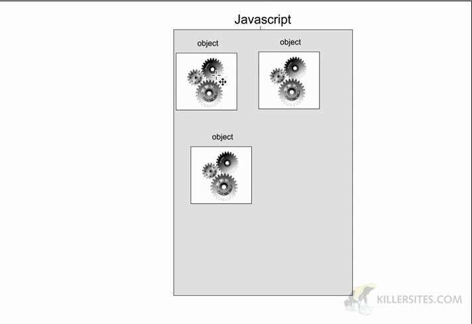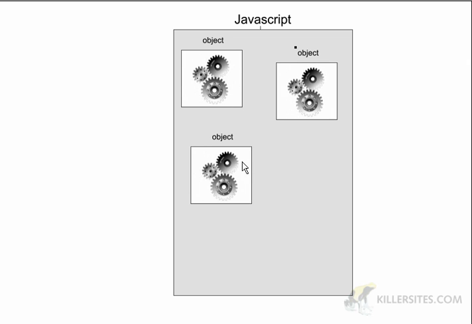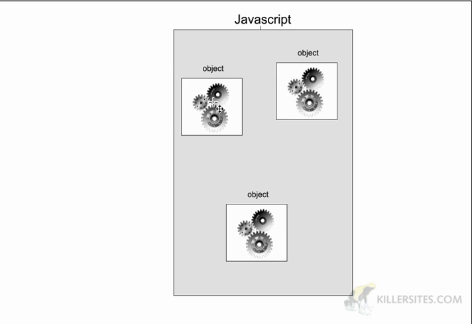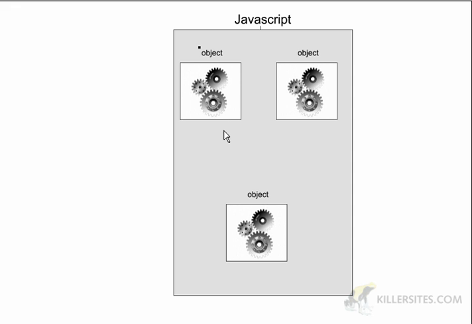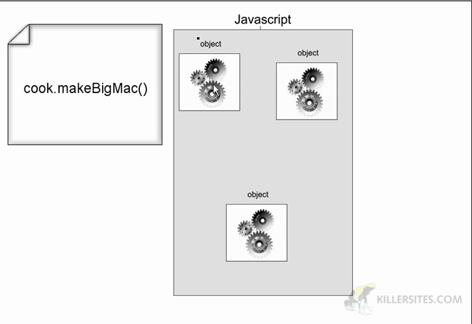So let's say this object was a cook, and this object was a maintenance guy, and this object was a cashier. The cook object has several functionalities, several jobs that they do. They make Big Macs, or they make French fries, or they cut onions up.